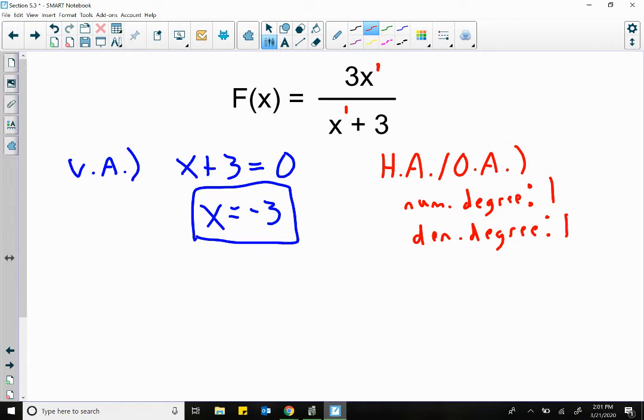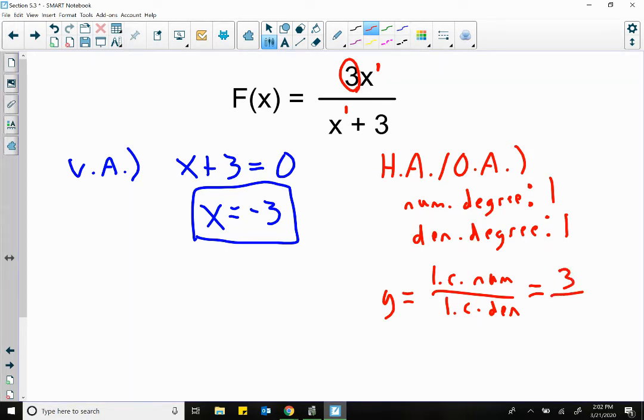Case 2 says the numerator degree equals the denominator degree. And if you look here, 1 equals 1, that's the one that we have. In case 2, it's going to be y equals the leading coefficient of the numerator over the leading coefficient of the denominator. So what's the leading coefficient of the numerator? 3.